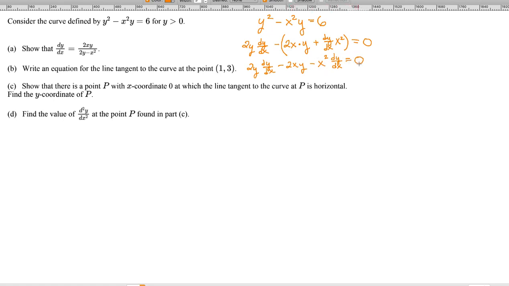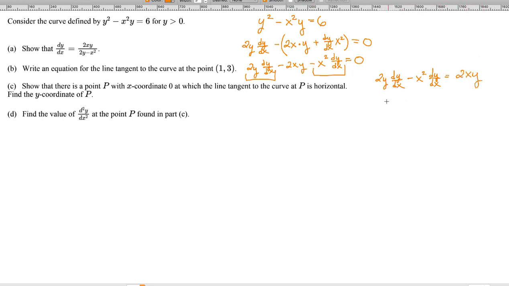Now I add 2xy over to the other side. I'm going to get 2y dy/dx minus x squared dy/dx, because I want any term with a dy/dx on one side. So I keep these two, and I add that other one over to the side.